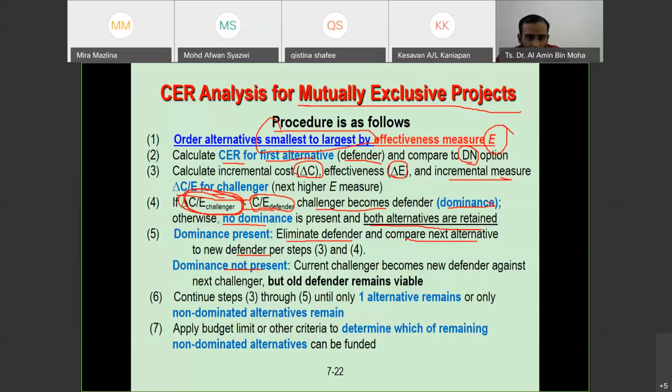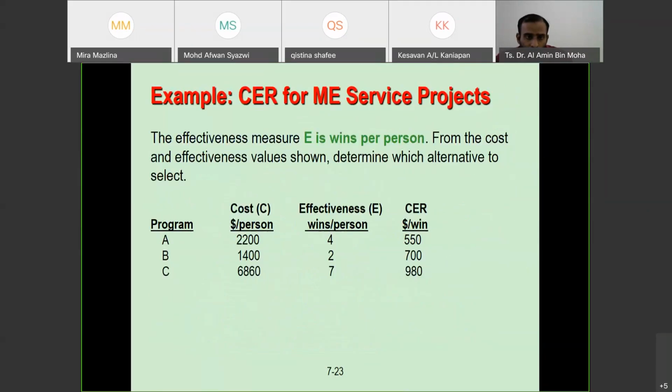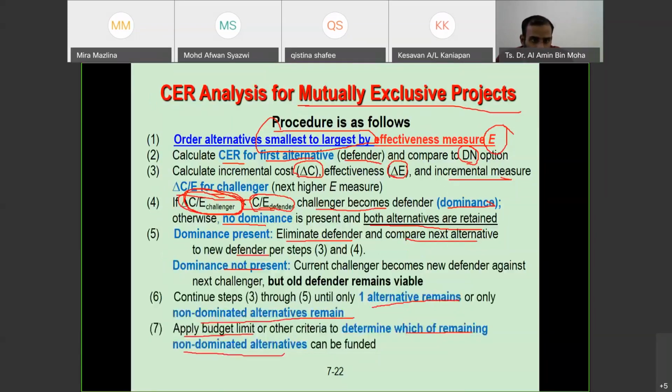So we continue the step until only one alternative remains, or only non-dominated alternatives remain. We can still apply the budget limit or other criteria to determine which of the remaining non-dominated alternatives to choose. If it's non-dominated, we can't continue the assessment; we just leave it like that. In the real case, we are going to think of additional criteria to be considered in order to decide. Okay, let's quickly check the example.